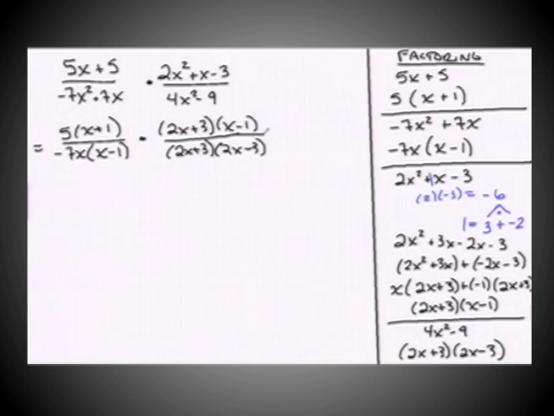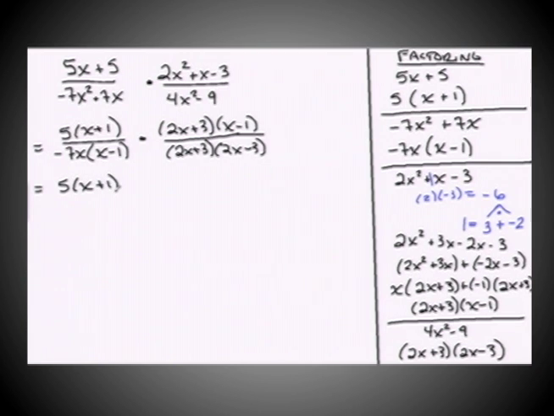Okay, so believe it or not, all we've done is finish the first step, and that's actually the most labor-intensive part of this process, is just getting everything factored out and getting your rational expressions ready to multiply. So the second step is to multiply your rational expressions into one single expression. So we have 5 times (x plus 1).